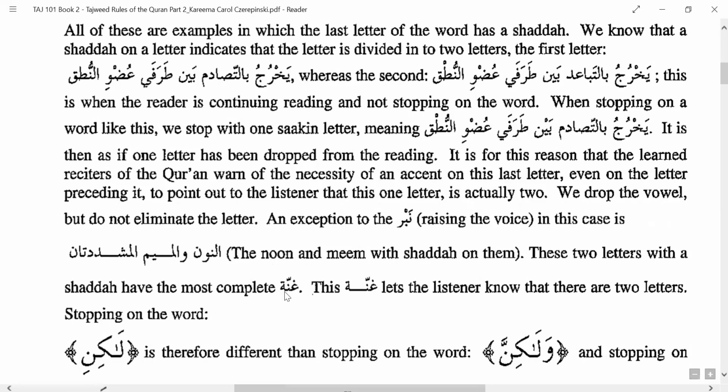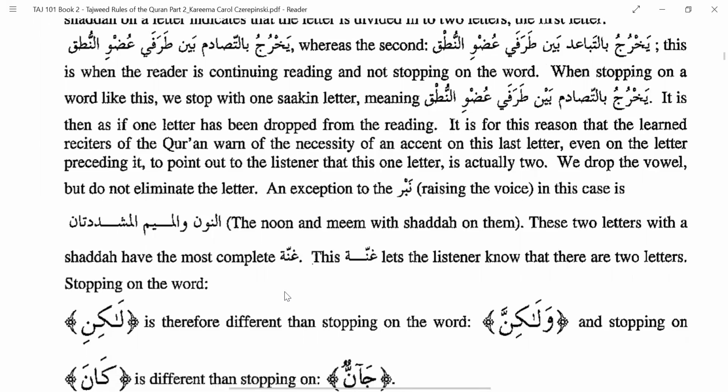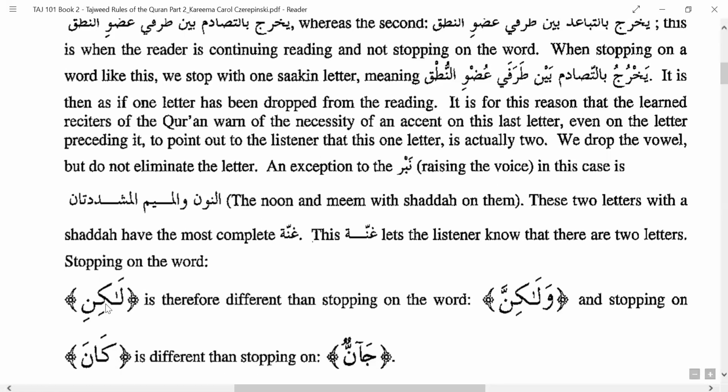There are various levels of gunna, and the most complete gunna is when noon and mim have a shadda. Gunna is the sound that comes from the nasal cavity. If you close your nose and say N, you won't be able to say it. There will be some sound stuck there trying to come out. So when you do noon and mim mushaddad and you stop on that, like for example, here you see the first word, lakini, lakini.